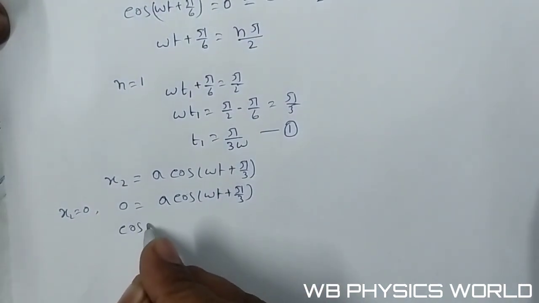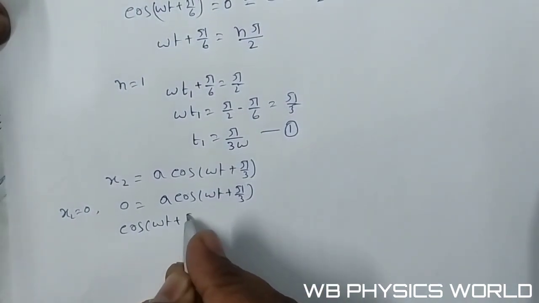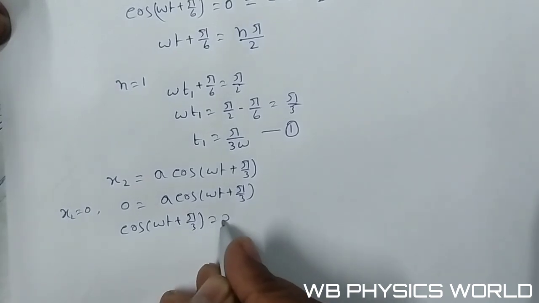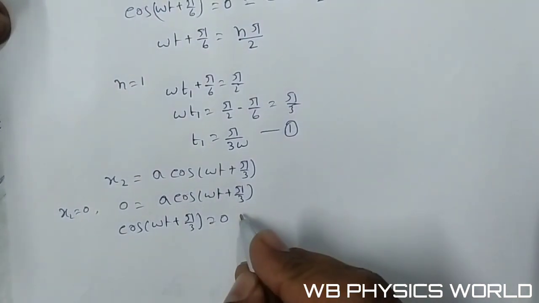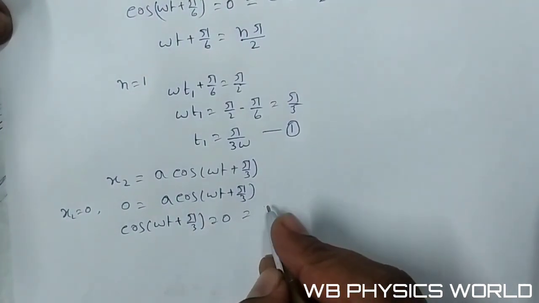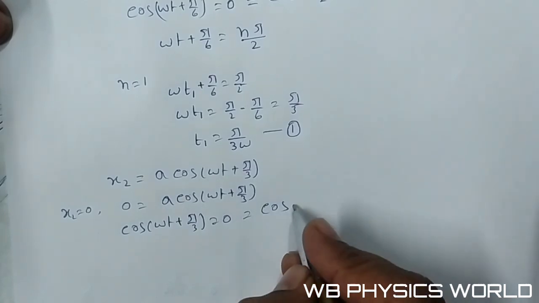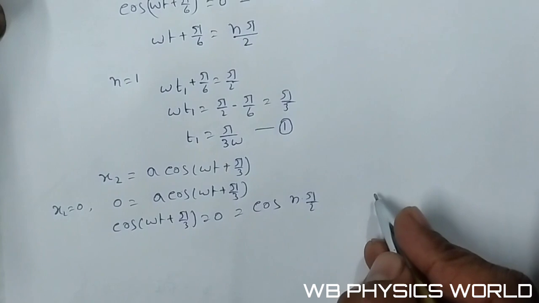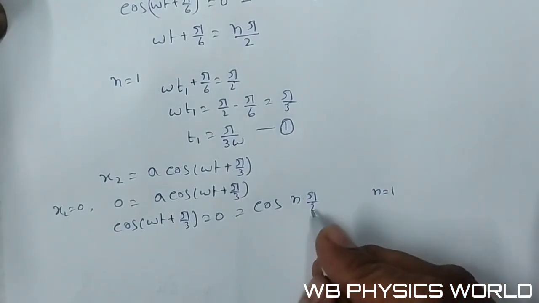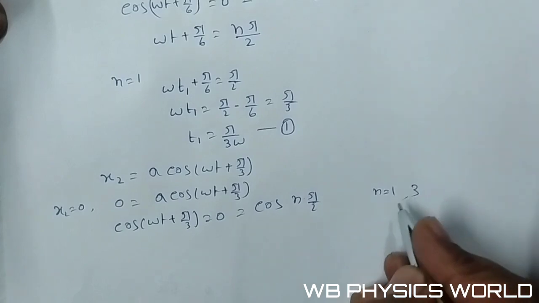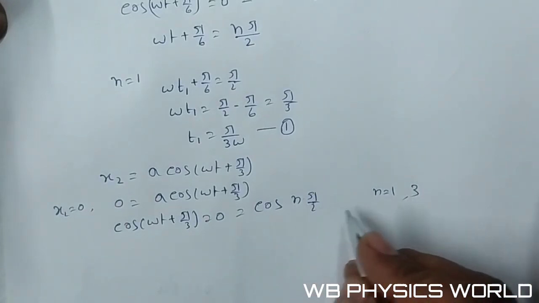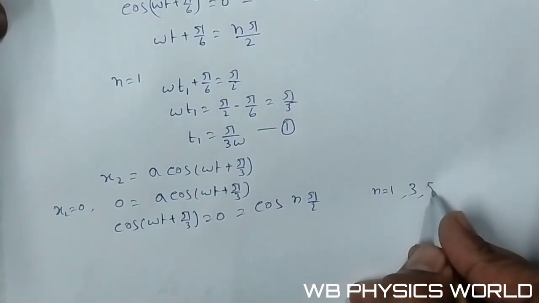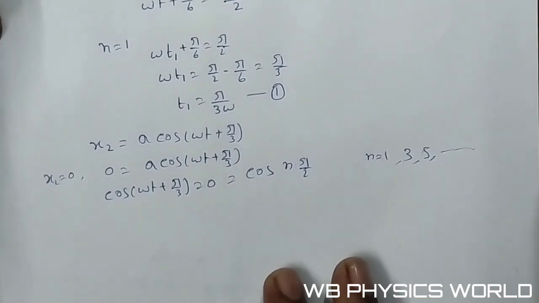Now cos(omega t plus pi by 3) equal to 0. We know that cos of an odd multiple of pi by 2 is 0, that is n equal to 1, cos pi by 2, this is 0, and n equal to 3, cos 3 pi by 2, this is also 0, and so on.